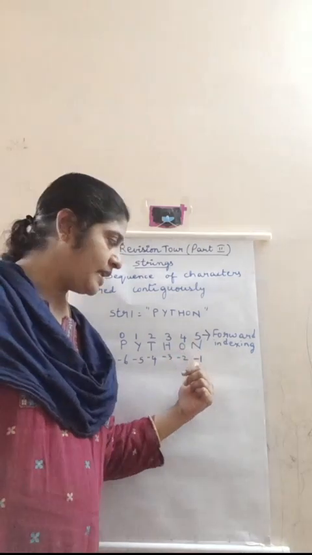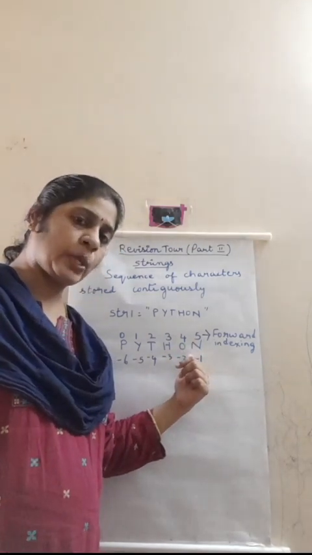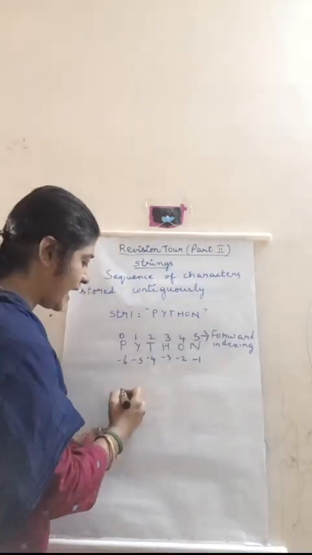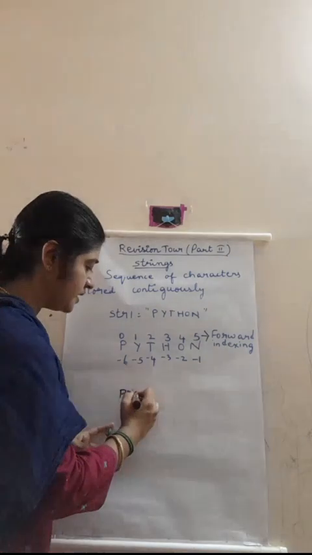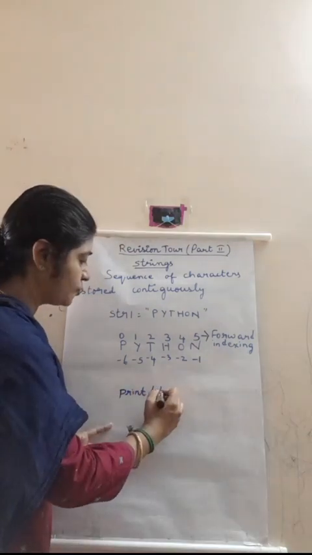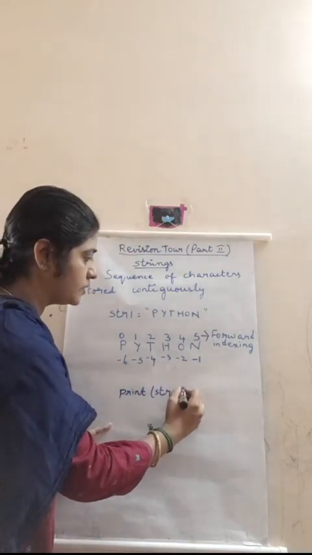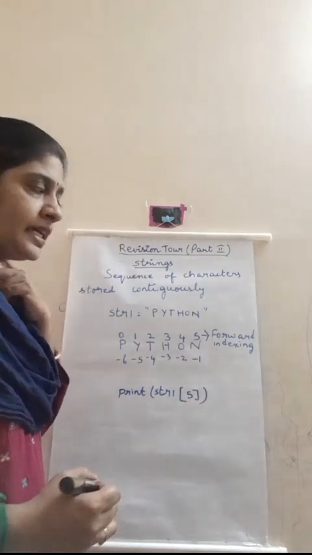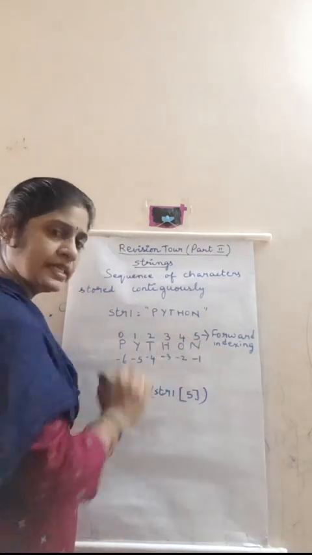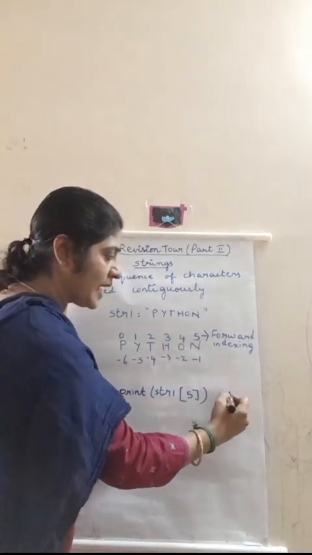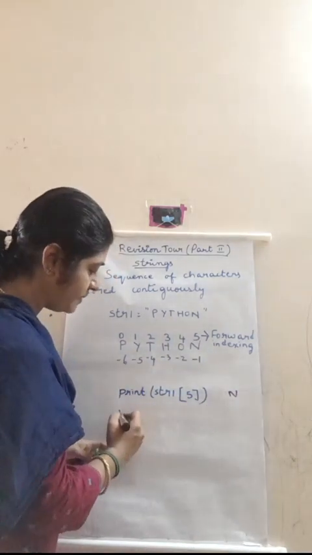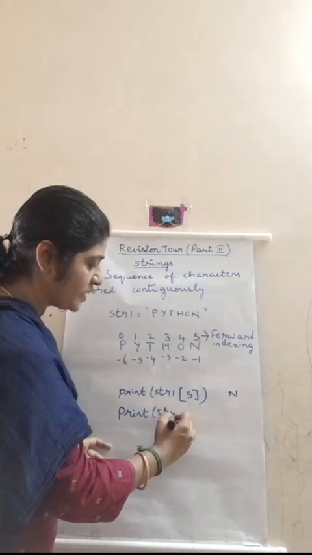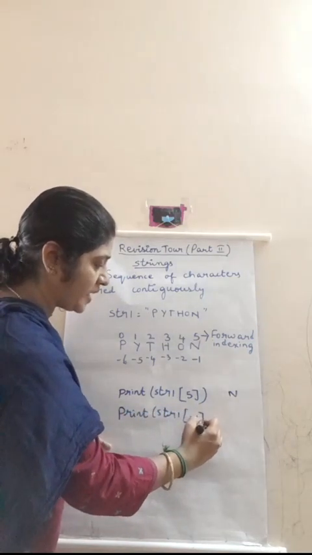If you want to access n, you can access n in two ways. One is, I can write print string 1 of 5. Then what will be the answer? It would give me n. This same thing can also be written as print string 1 of -1.